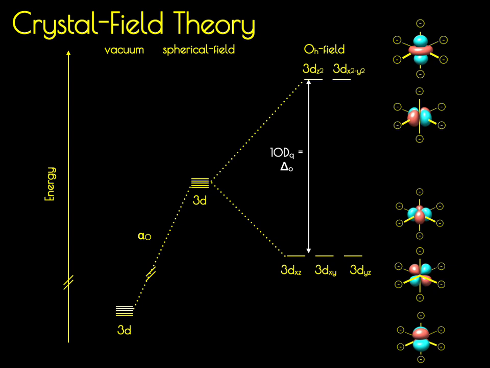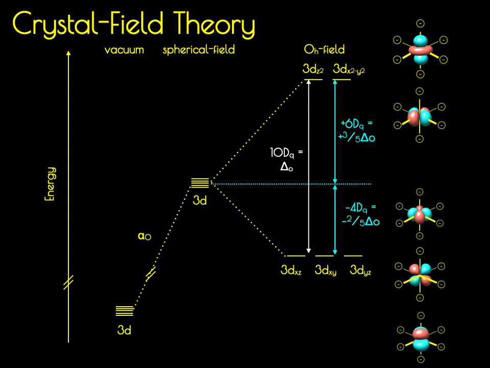I should point out in general that the difference in energy between different orbitals within the crystal field model is termed delta. Here we give this delta O to signify it's the splitting due to an octahedral field. In the crystal field model, the energy at which the orbitals are stabilized and destabilized is conserved relative to the spherical field.